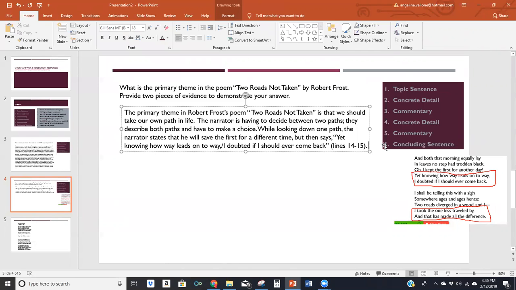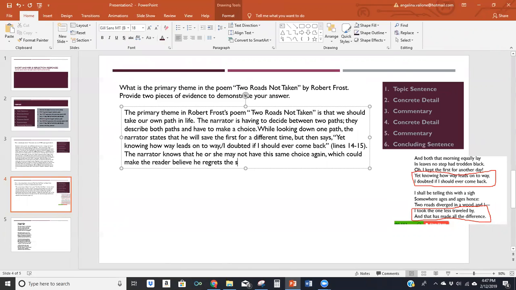And so my sentence is going to be, the narrator knows that he or she may not have the same choice again, which could make the reader believe he regrets the choice.